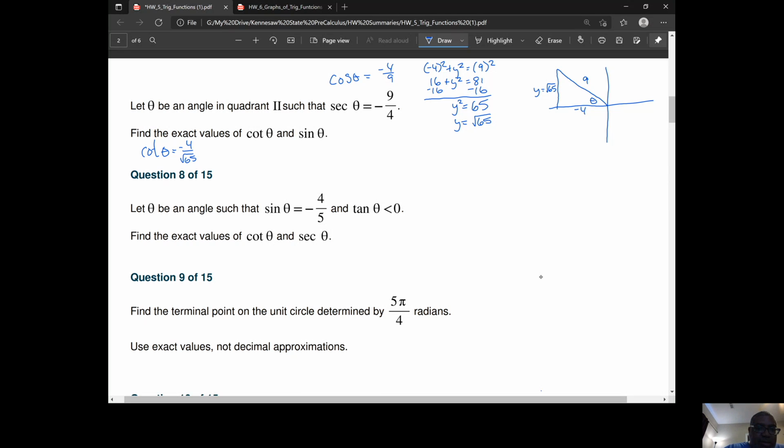Can't have a radical in the denominator, so this becomes negative 4 root 65 over 65. And sine of theta is equal to opposite over hypotenuse, which is root 65 over 9.